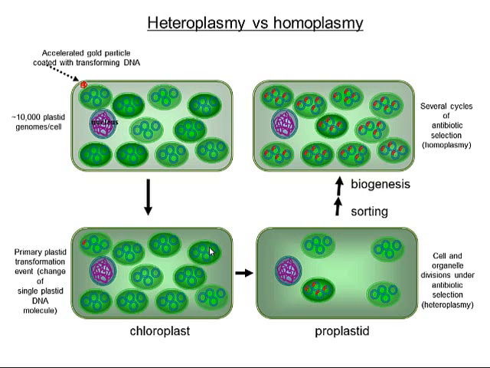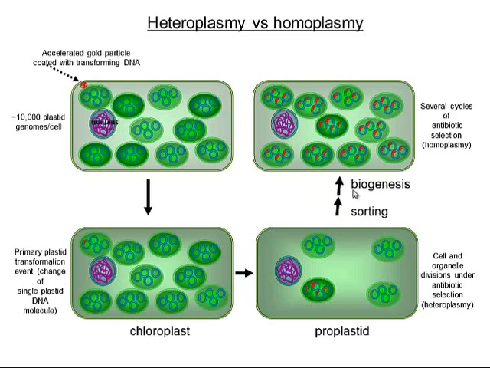You then need to start selecting. Initially you'll start to get overexpression of your gene when you're selecting for it. And you can see here we've actually reduced the number of chloroplasts, so we're going through proplastids instead. So instead of one chloroplast that's got some transgenic DNA in it among 1, 2, 3, 4, 5, 6, 7, 8, 9, 10 chloroplasts, we've reduced the number of chloroplasts simply by going through proplastids rather than chloroplasts.